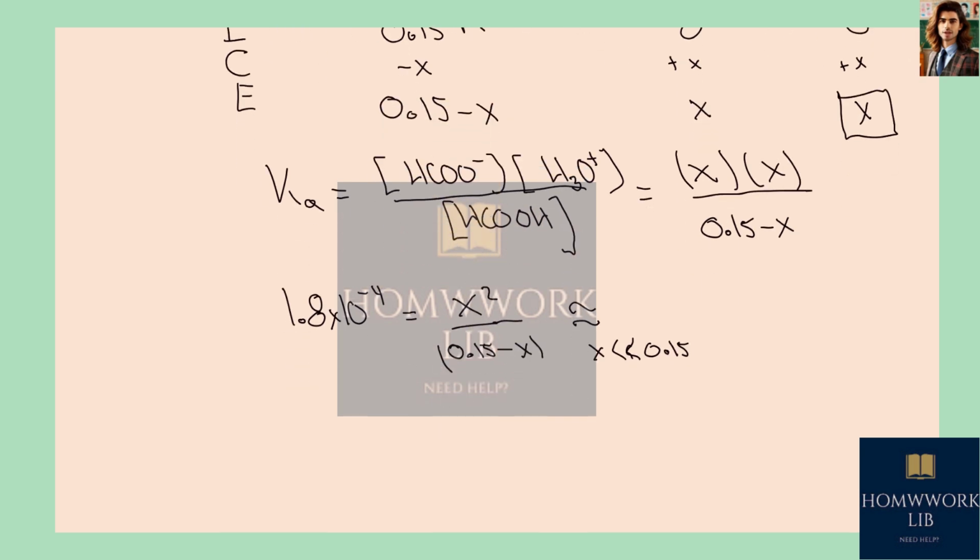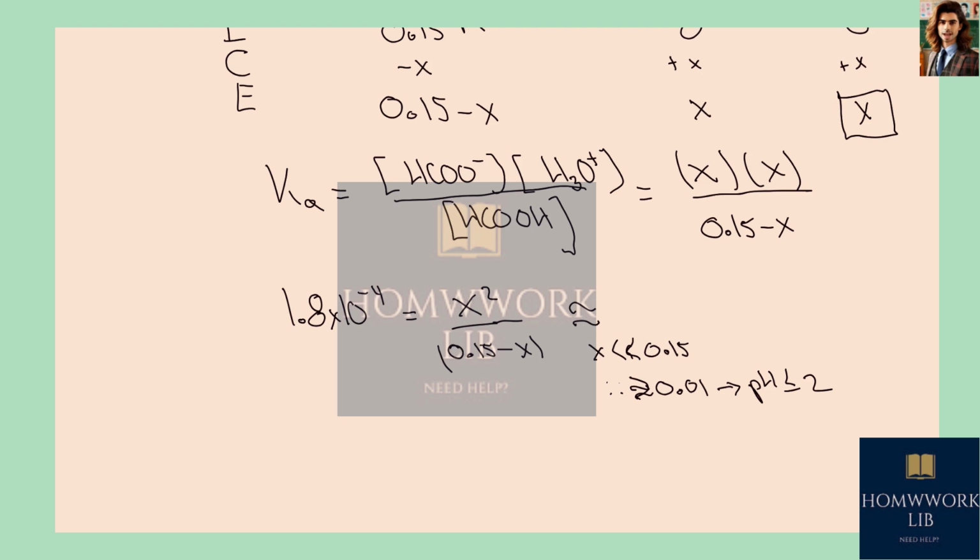So for x to be in the same order of magnitude as our initial concentration, we would require x to be around 0.01. And for that to happen, that would imply a pH lower than or equal to 2, which could be possible depending on the concentrations, but in this case, it is not going to be a good approximation.